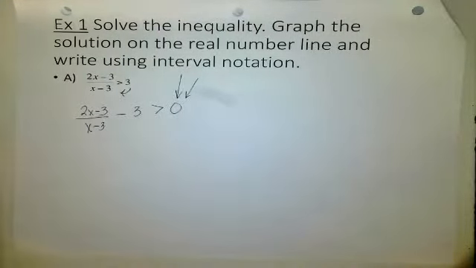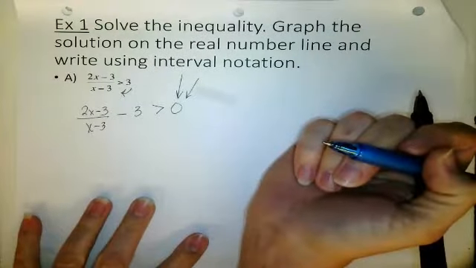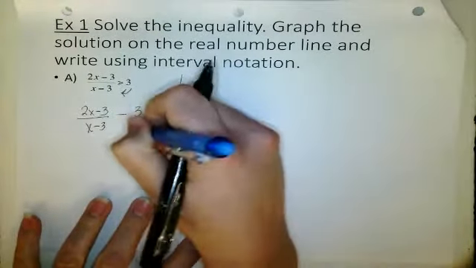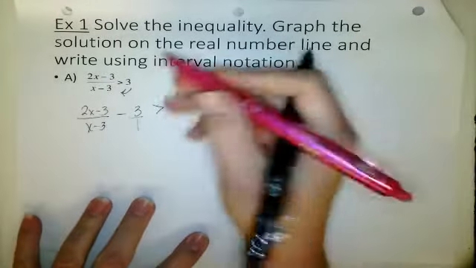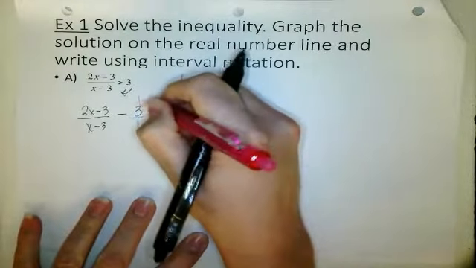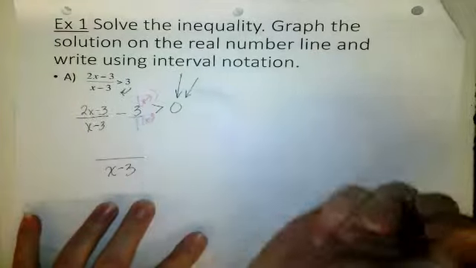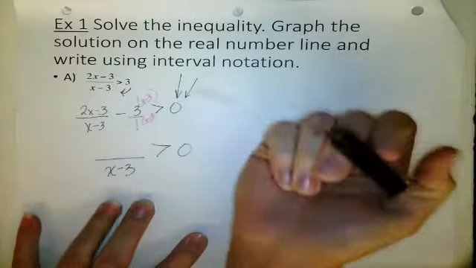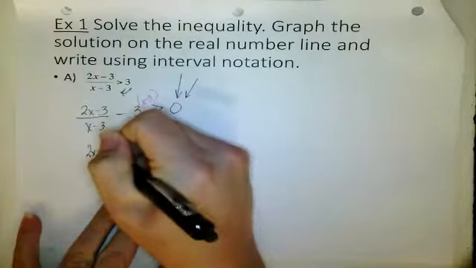And then what do we need to do? Common denominator. Sure, this is 3 over 1. So what do I need to multiply by to get a common denominator? X minus 3 on top and bottom. So I have a lovely common denominator now of x minus 3. And I need to distribute and combine like terms in the numerator. So 2x minus 3.